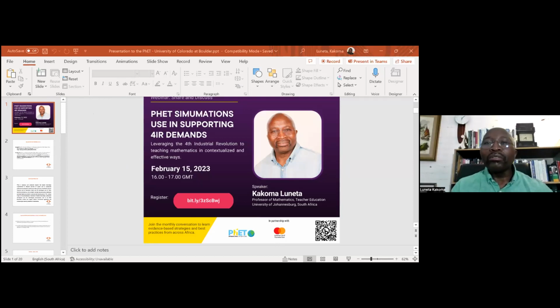Let me remove these from here. I don't seem to see the slideshow mode. Prof, if you move your cursor up to the toolbar, you can see transitions and then animations, and then click on slideshow.